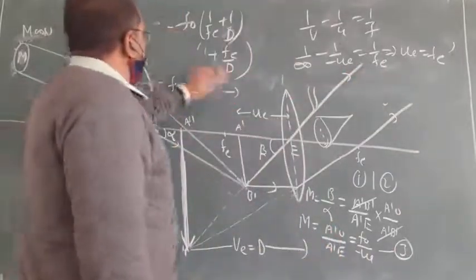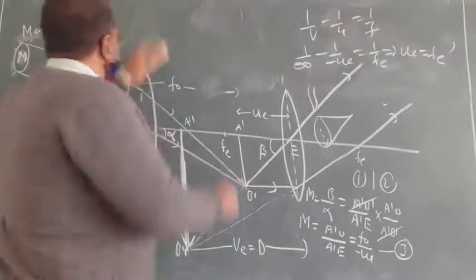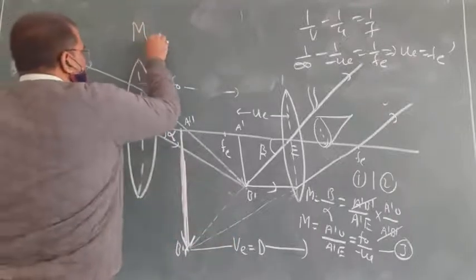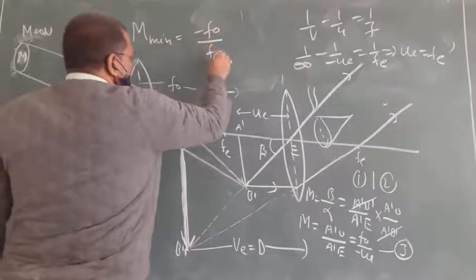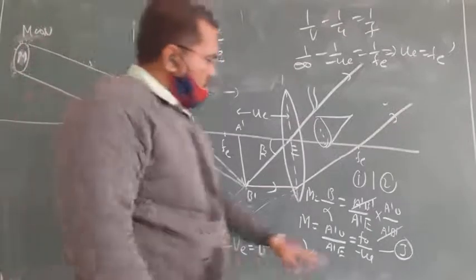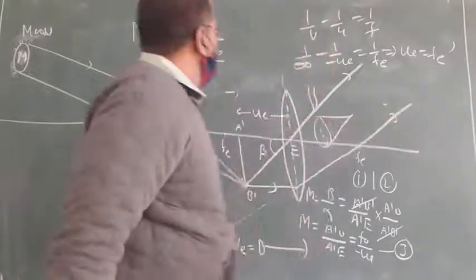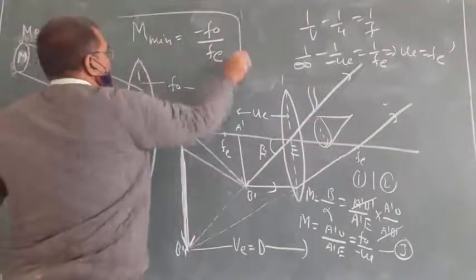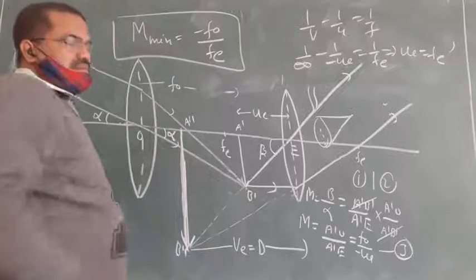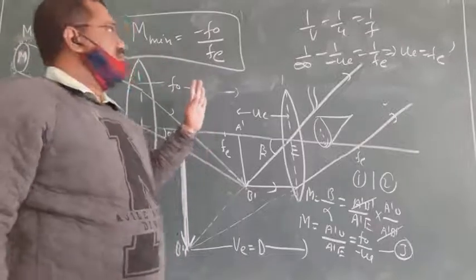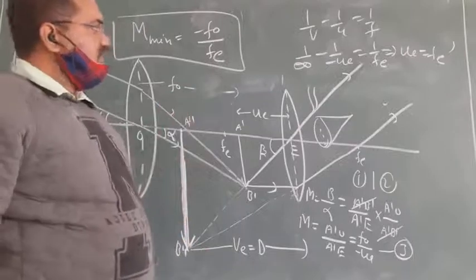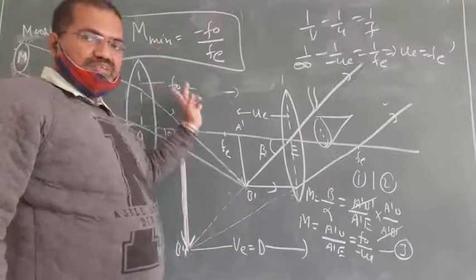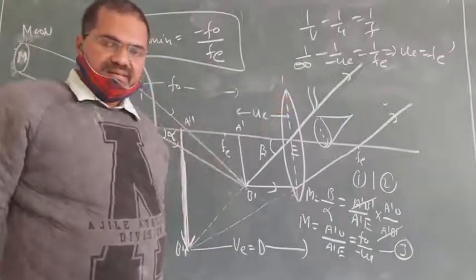So the minimum magnification will be minus FO upon FE. UE equals FE. So this is the minimum magnification at relaxed eye position. So the range of magnification is from minimum magnification to maximum magnification.